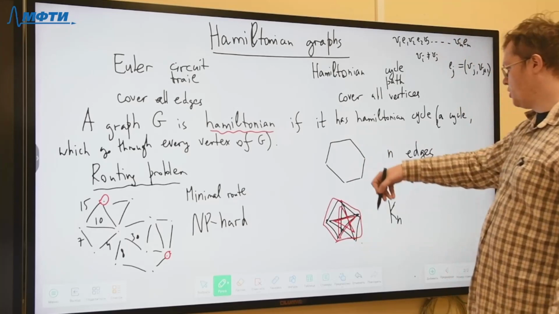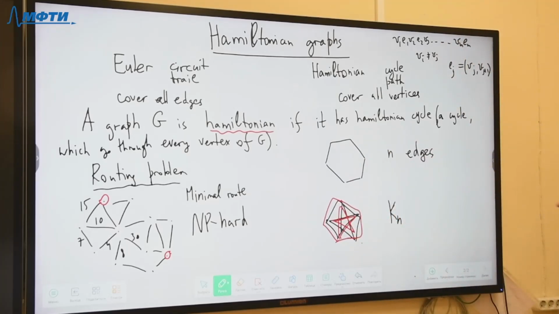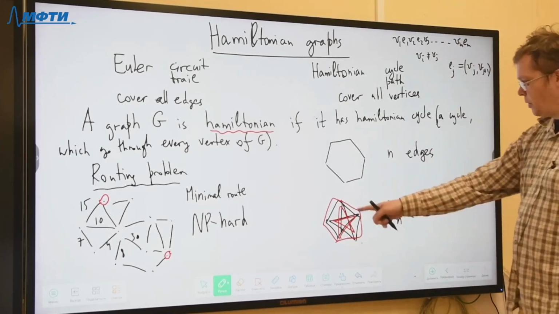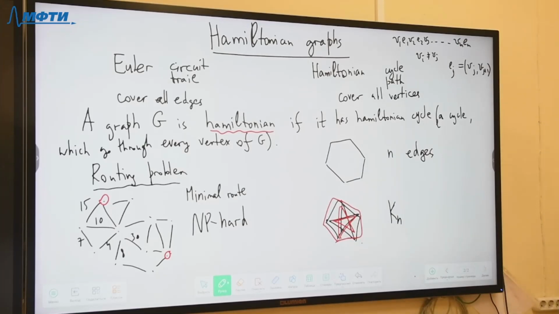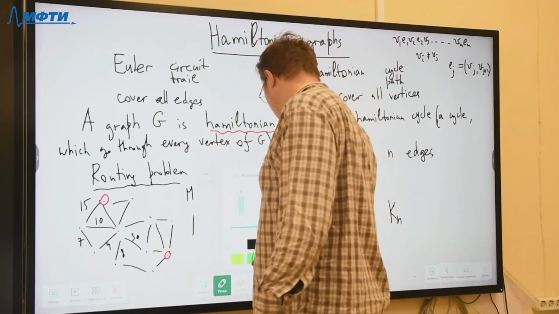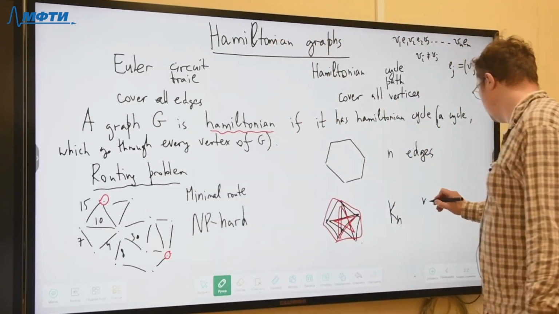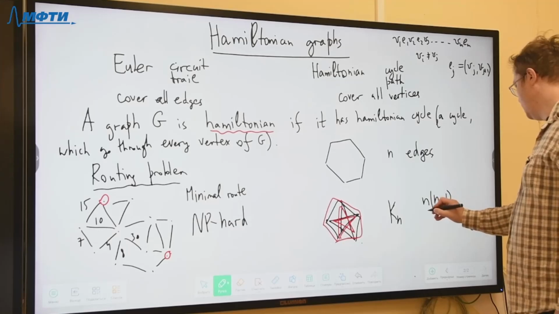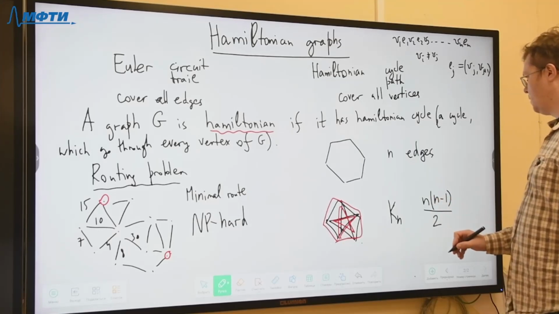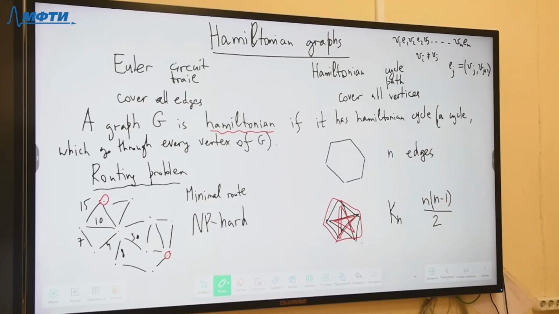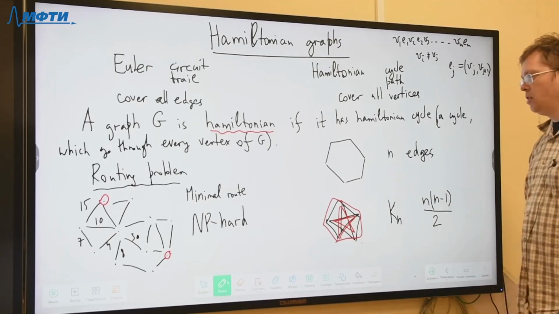Exactly, any order of the vertices will give a Hamiltonian cycle. So the number of edges must be between n and n times n minus 1 over 2.